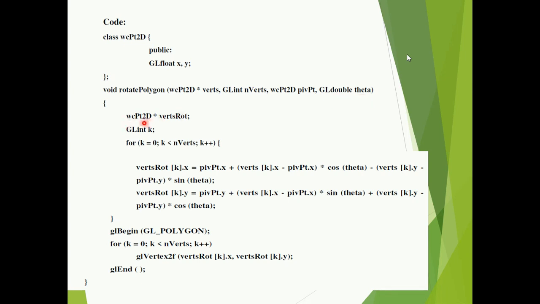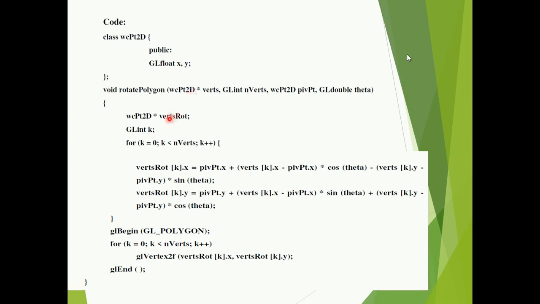And next we define a vertex2D array, mainly for storing the vertices after rotation occurs. So this array is storing the vertices after rotation, while the previous one we defined holds the initial vertex values.